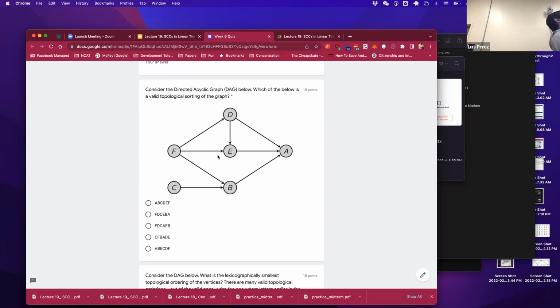And you are right that there are many valid sortings, but if we ran DFS to find a sorting, they would be connected because the way DFS works, it reaches all the connected pieces. So it would probably do F, D, E, C, B, A, or something like that. That's a great question.